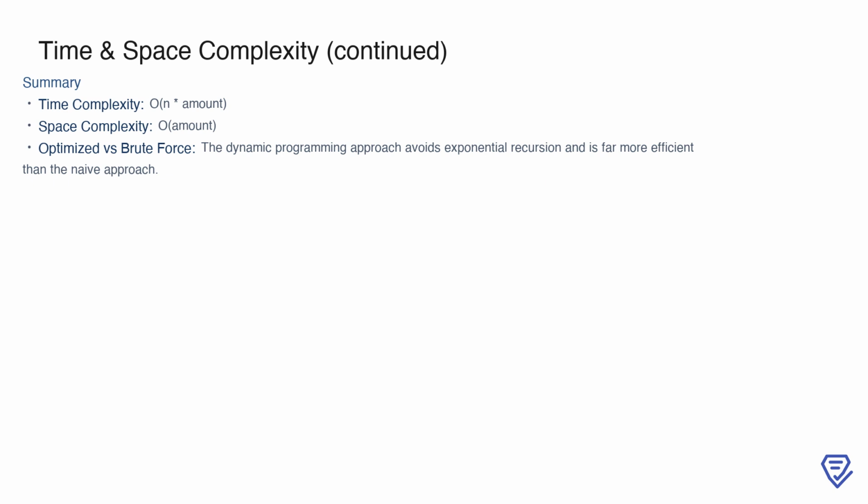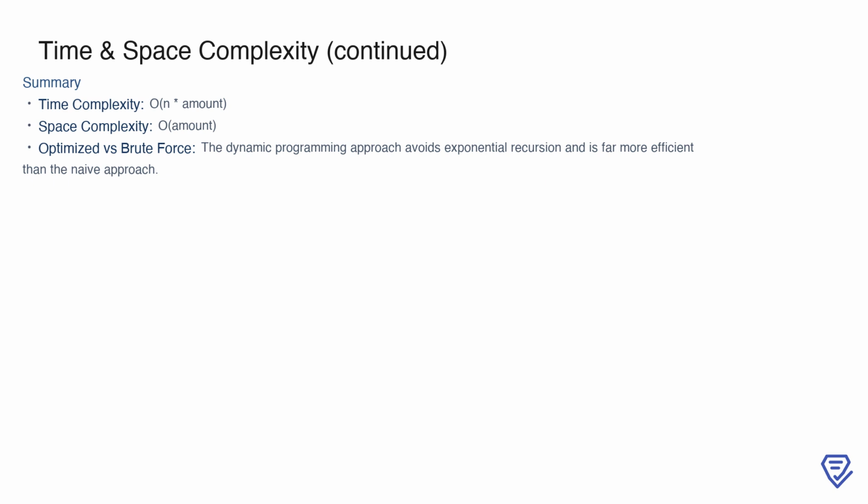This represents a significant improvement over the brute force approach, which has an exponential time complexity of O(n^amount). By avoiding redundant calculations and leveraging memoization, the dynamic programming approach efficiently solves the problem even for large inputs. This contrast underscores why dynamic programming is such a powerful tool for optimization in problems involving overlapping subproblems and optimal substructure.